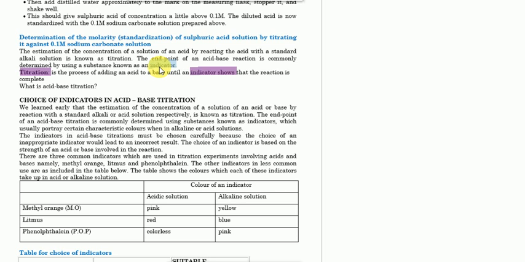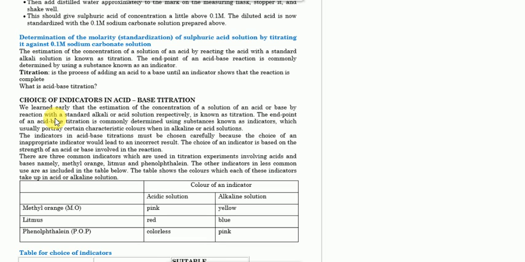Kwa hiyo tunachokisema ni kwamba if we have the acid and then you have the base, titrating them will reach a certain concentration where the acid and the base amount in the solution will be equal and the solution will be regarded as neutral.